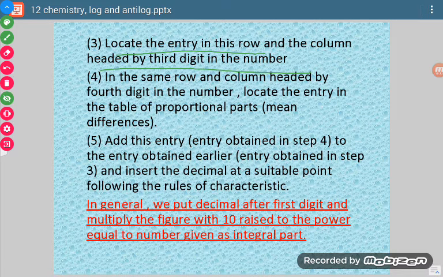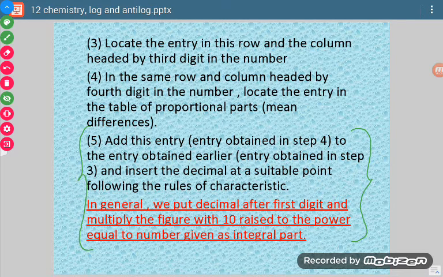Then in the same row and column headed by the 4th digit in the number, locate the entry in the table of proportional parts. Now whatever the 4th digit is, for that also we will see here. This is just like log. Now we will add these two, just like we did in log. Then now here is the change. What is the change?